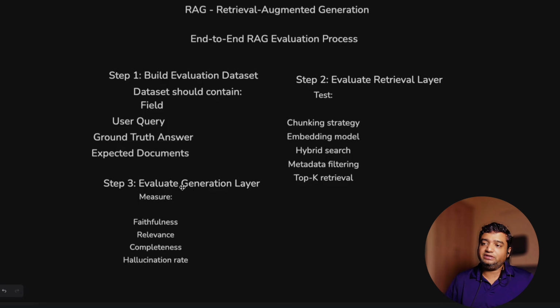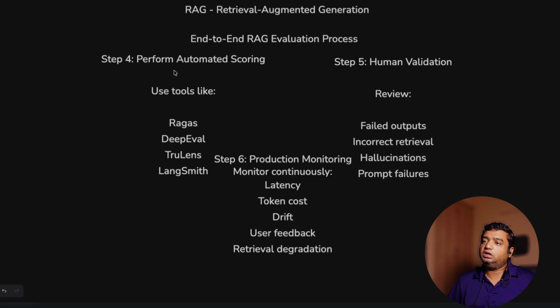Then you have to evaluate the generation layer, in which you check faithfulness, relevance, completeness, and hallucination rate. For this you can use different tools, which we'll see in step 4. Step 4 is about performing automated scoring with the help of tools.